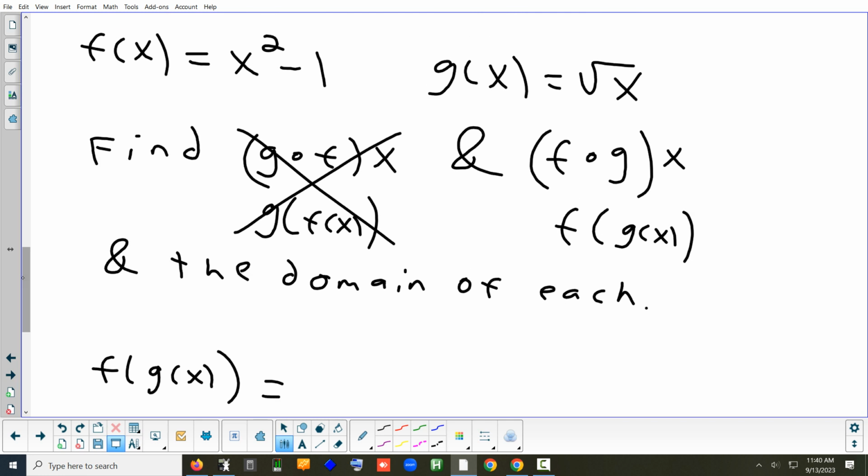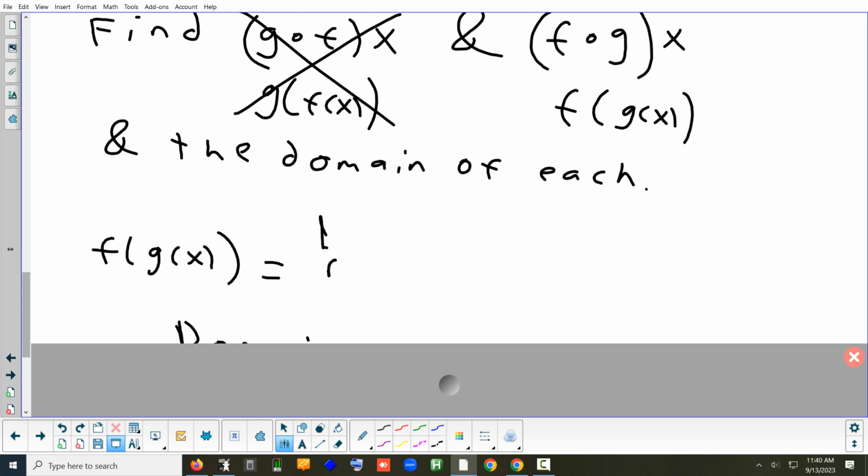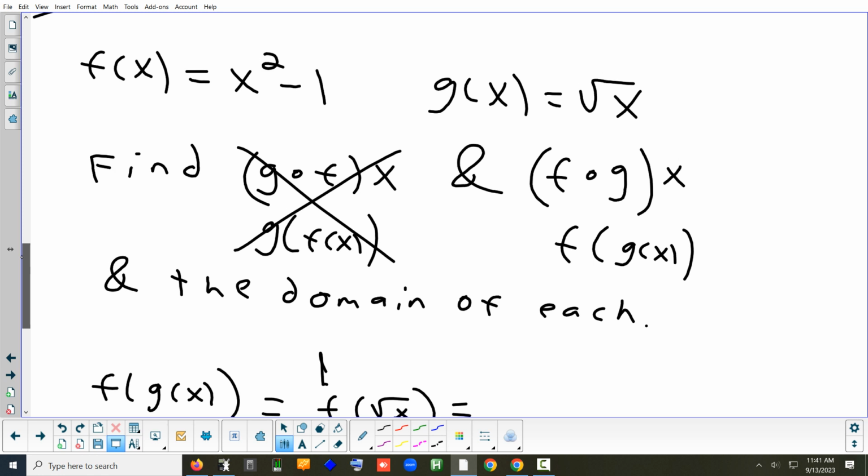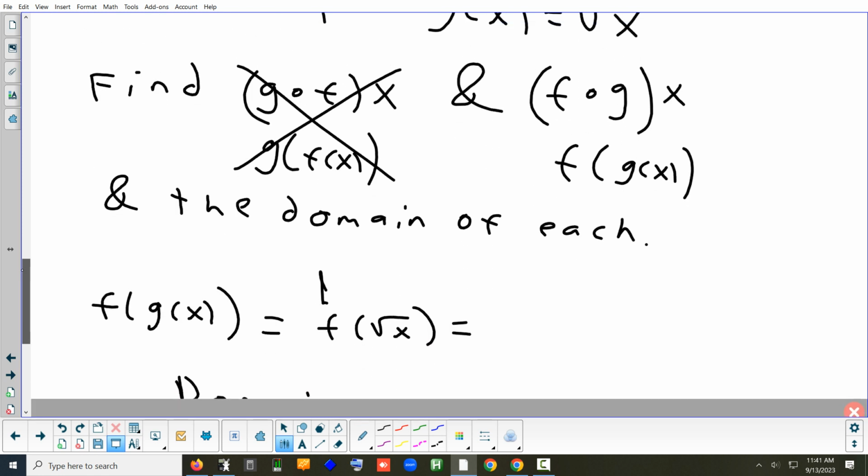Okay, so let's start out. What's g of x? Yeah, right. Square root of x. And now we're going to plug that in to the f formula. I don't want you to simplify anything right away. I just want you to change the variable in the f formula to square root of x.